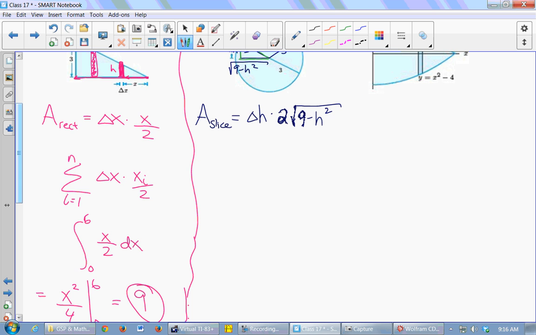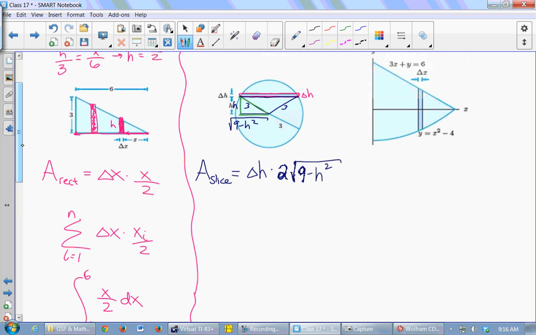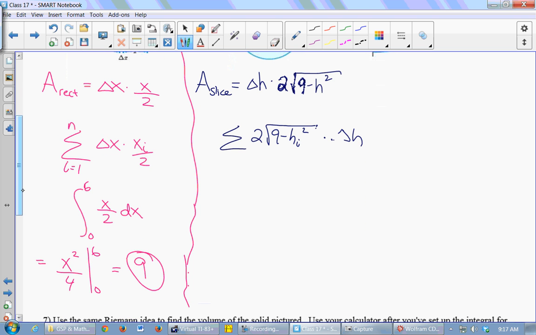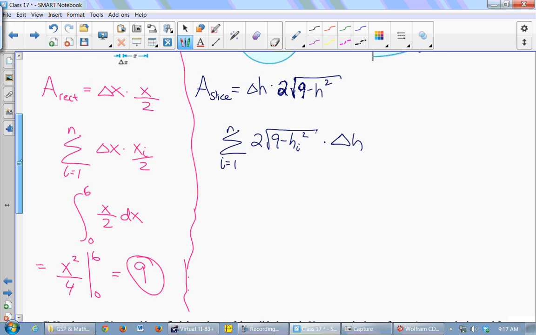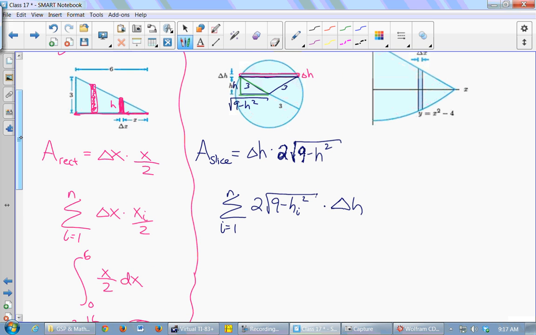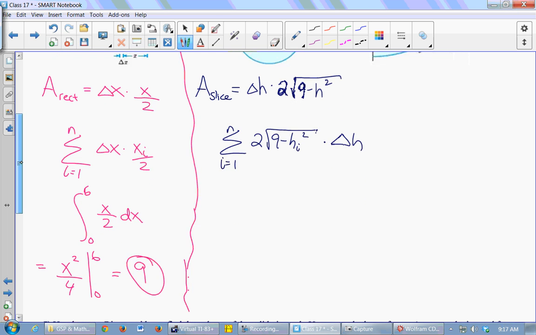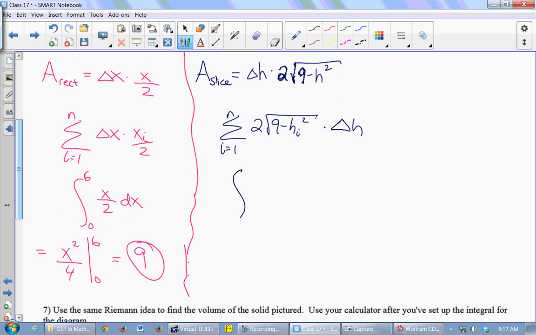Then I'm going to add up all my slices. So I'm going to take a sum, 2 times radical 9 minus h sub i squared times delta h. Let i go from 1 to n. And when I take a limit as n goes to infinity, this is going to become an integral. So this is going to be the integral of 2 radical 9 minus h squared dh.